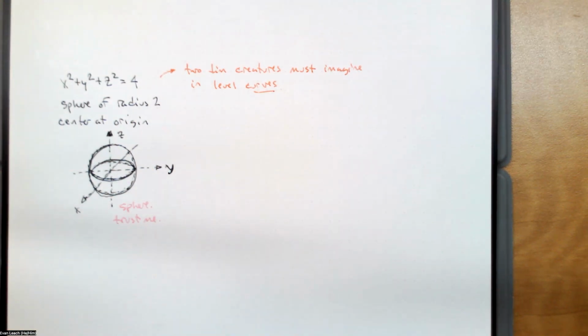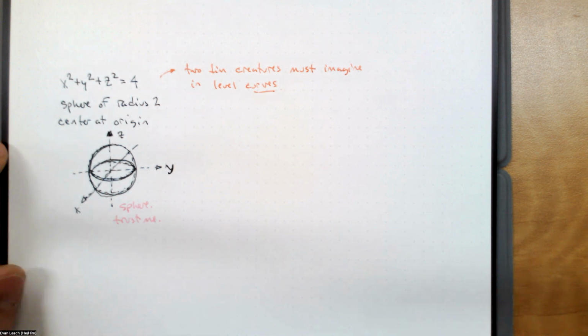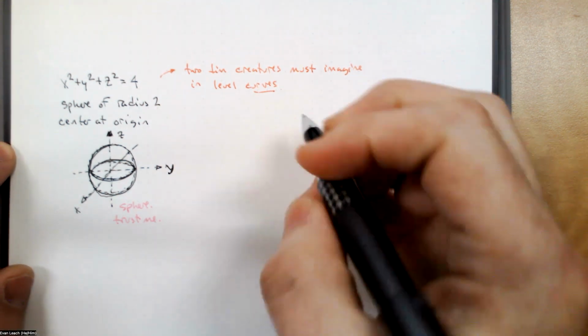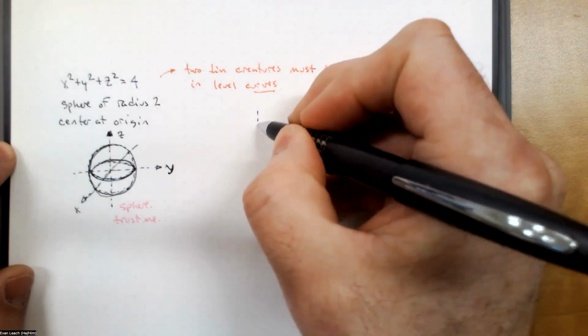Those 2-dimensional creatures can draw an X and a Y, but they can't draw a Z. They have to imagine what it looks like for different values of Z. So we can draw an X and a Y.